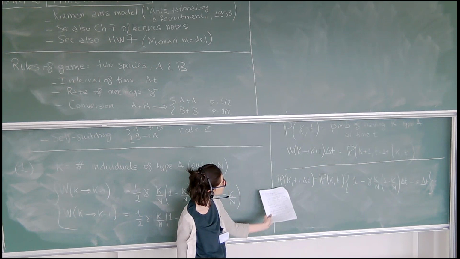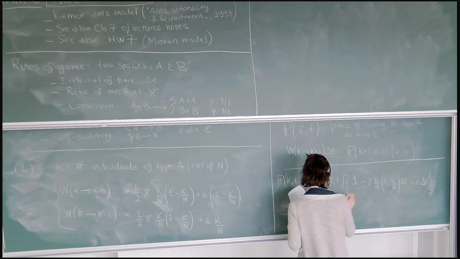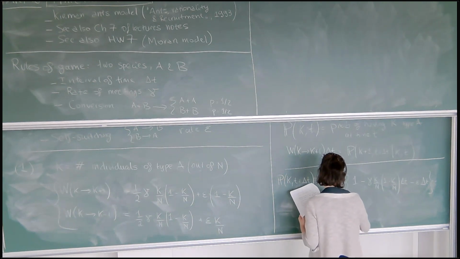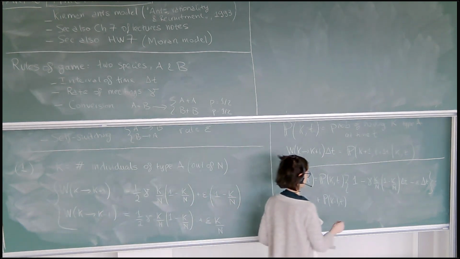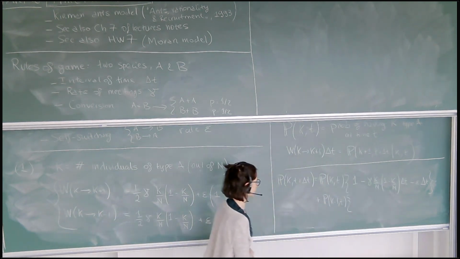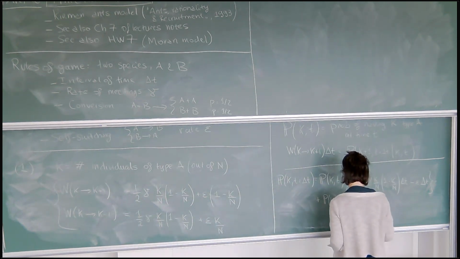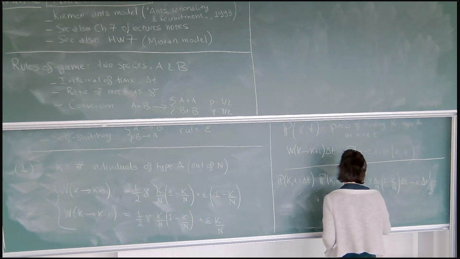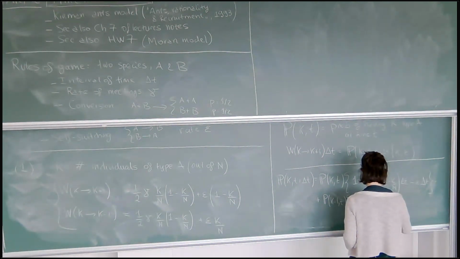And then, of course, you have contributions to this probability coming from a conversion, which occurs in the small interval dt. So you will have here a plus the probability that you were at k minus 1 at time t, times the probability that somebody converts to type A during the small interval dt, and this is precisely given by the rates that we wrote before. So I will write them compactly: this is W to go from k minus 1 to k times dt.